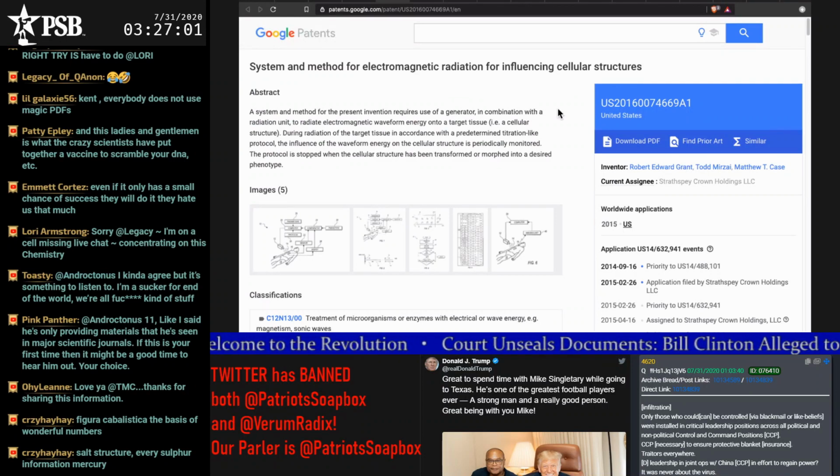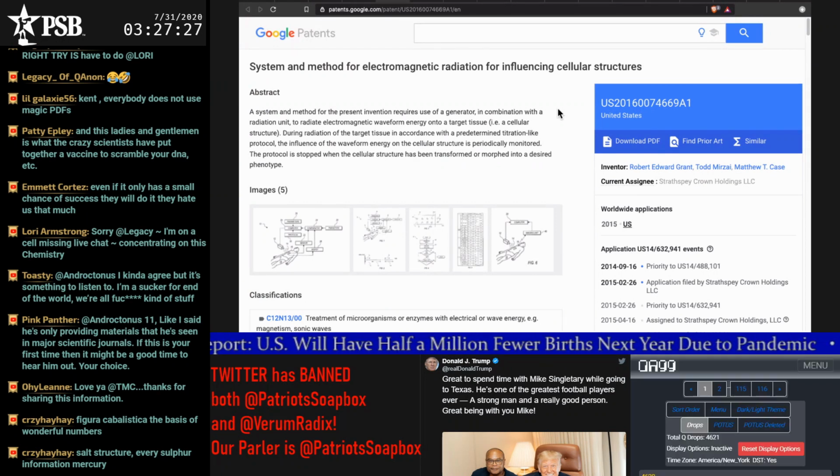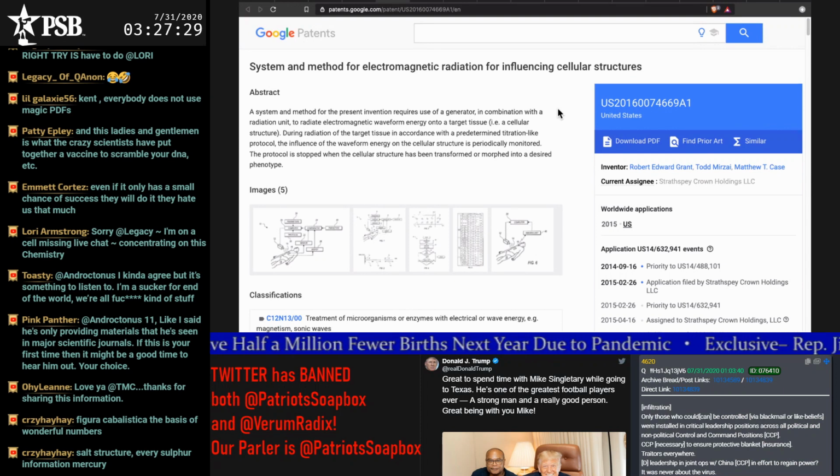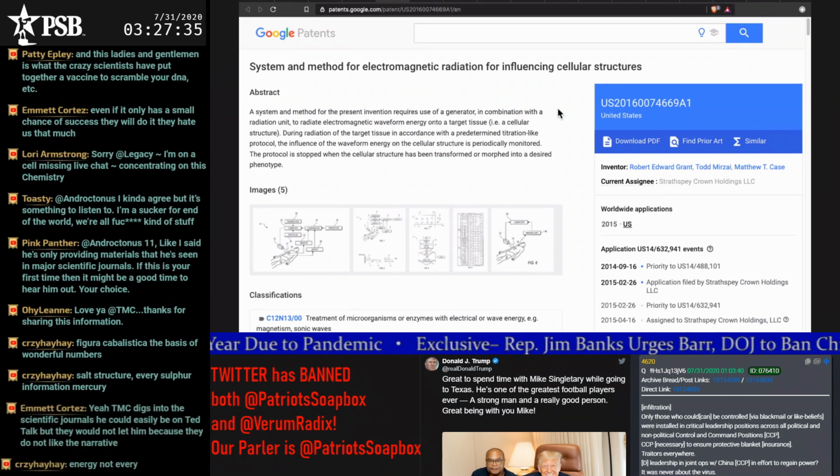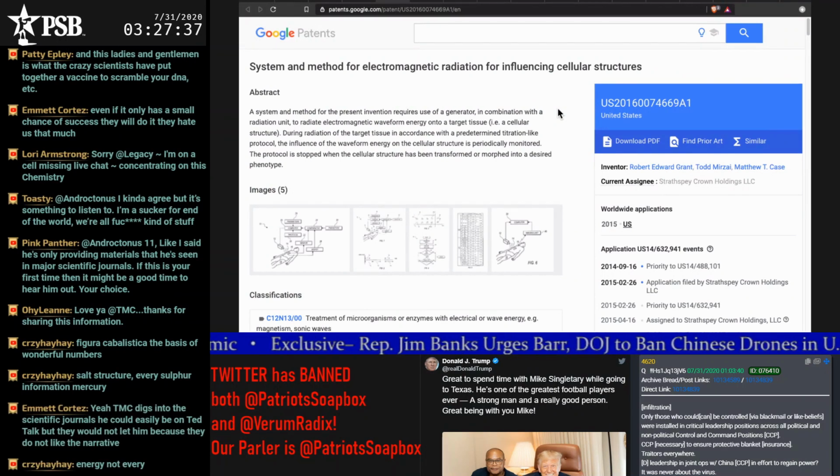Now, the mRNA, back to that. If we know that mRNA is used to transport information from the nucleus of a cell, from inside the cell, to the ribosome, to then have the ribosome make the protein, and we're going to introduce foreign mRNA into the body. And we now know that there are technologies available whereby they can emit electromagnetic radiation to direct and steer how those proteins are going to ultimately be formed.